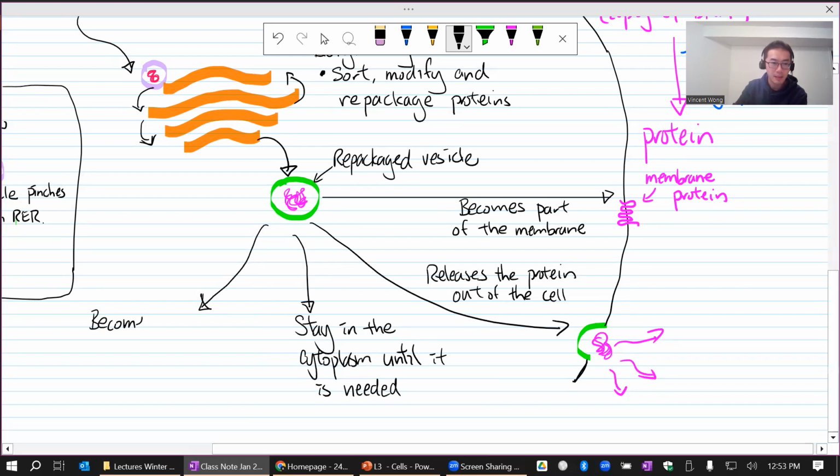It becomes another organelle called a lysosome, which I'll explain in a bit. There are all these different paths that the vesicle can go once you have finished modifying it, finished sorting it, and so on and so forth.